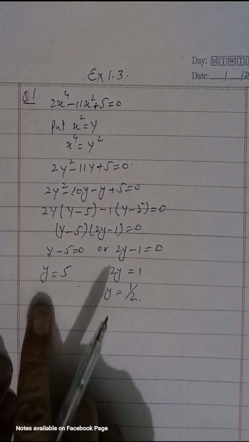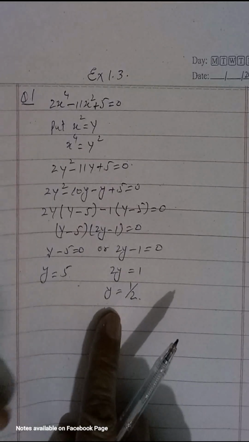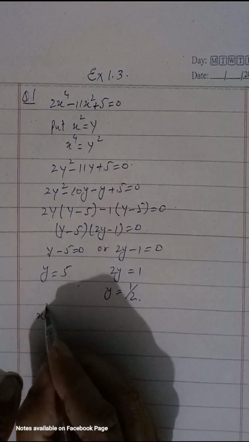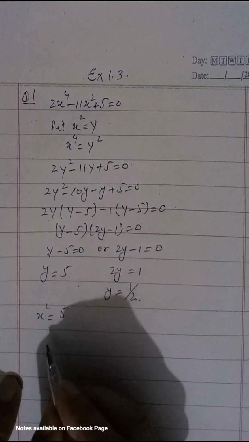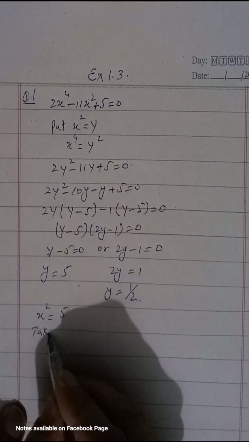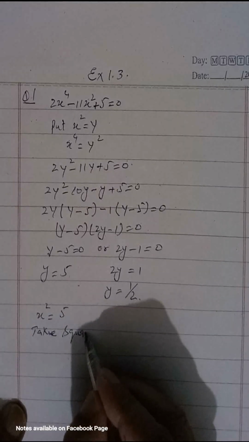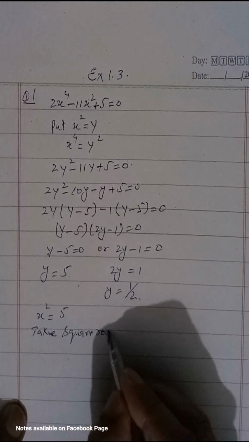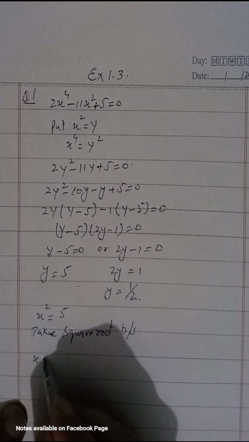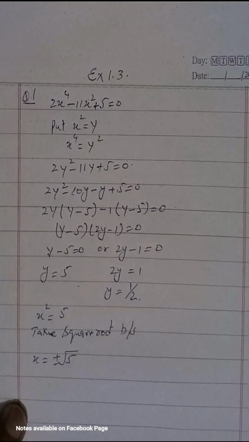Now we put the values of y in x square. x square is equal to 5. We take the square root on both sides. We get x is equal to plus minus square root 5.